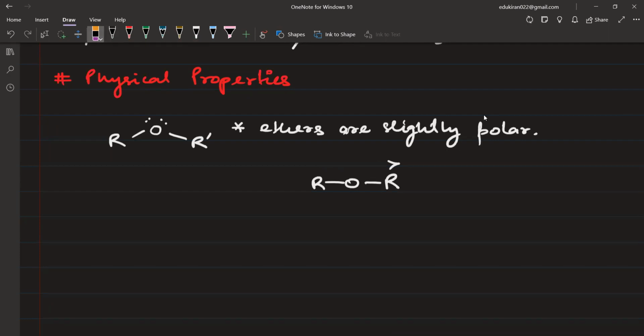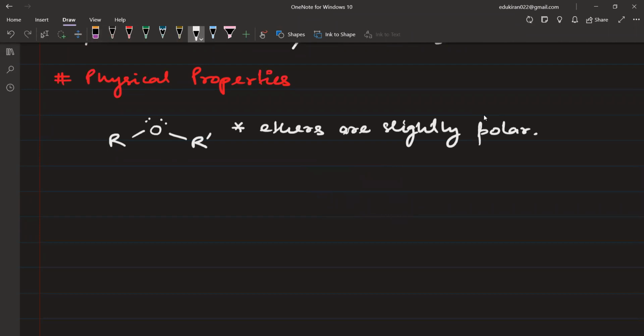I think I've made the opposite directions. See, the dipole moment here is delta positive, and here we have delta negative. Both of these are directing in opposite directions, and that is why it will be non-polar. If it was linear, it would be non-polar, but it is not completely linear, it is slightly bent, and that is why slightly polar.